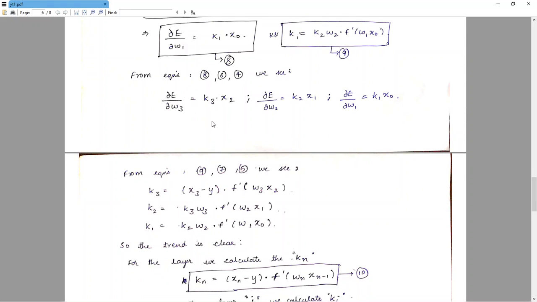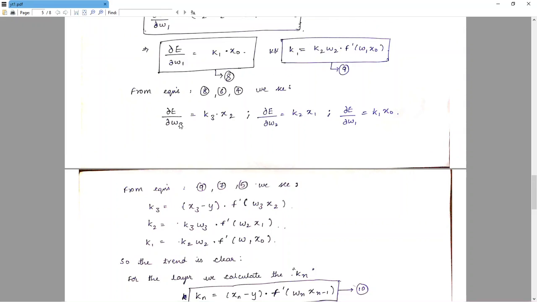In theory, there might be multiple layers. So there you go. The error with respect to w3 is k3 x2, error with respect to w2 is k2 x1, and error with respect to w1 is k1 x0.